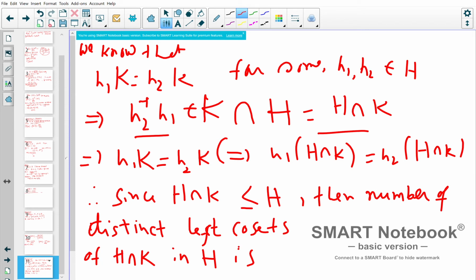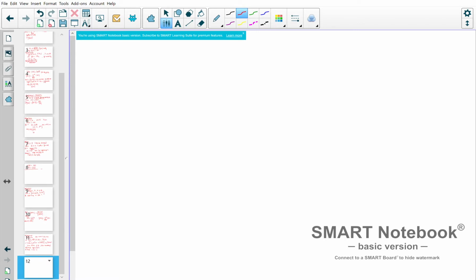We just prove it from Lagrange's theorem, right? So this is nothing but the order of H divided by the order of H intersection K, right?